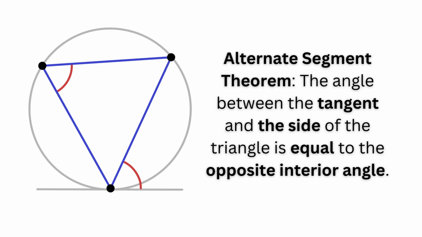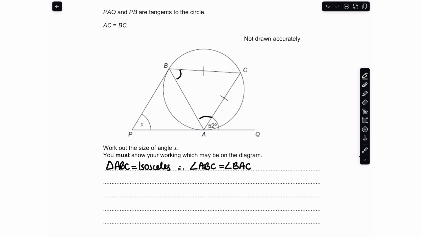One of the rules in circle theorems states that the angle between the tangent and the side of the triangle is equal to the opposite interior angle. That means that if we look at our tangent here and the side of the triangle, the angle between those two lengths, angle 52, angle CAQ, is simply equal to the opposite interior angle, angle ABC.